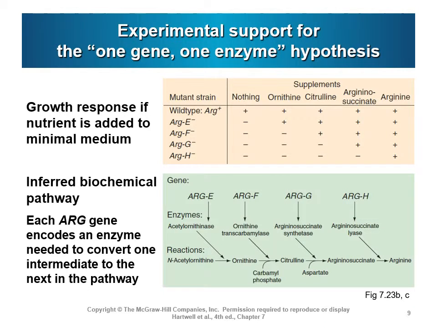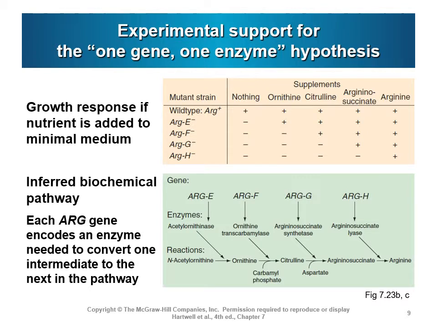So coming back to our example where we had 4 different genes for arginine synthesis, now we can understand which biochemically active molecules or pre-products for arginine are the result of which particular gene.